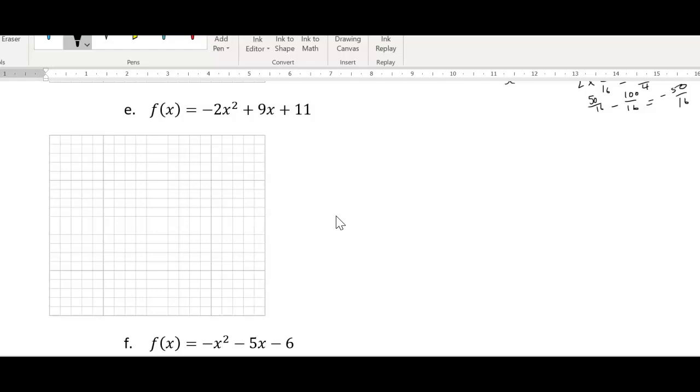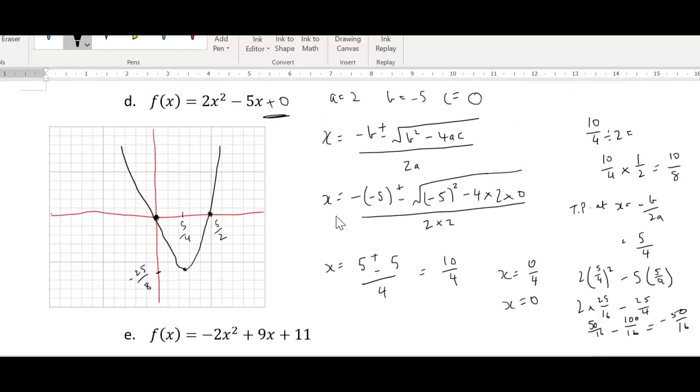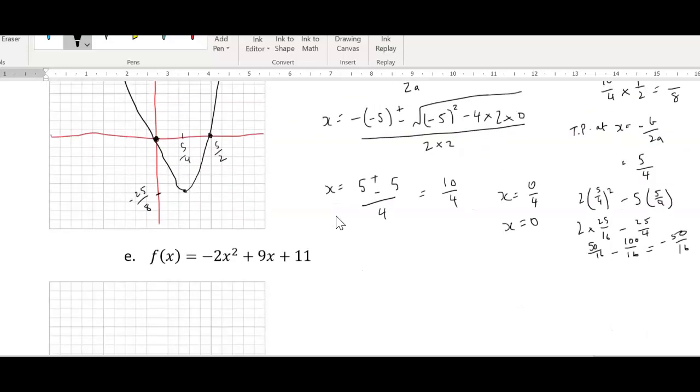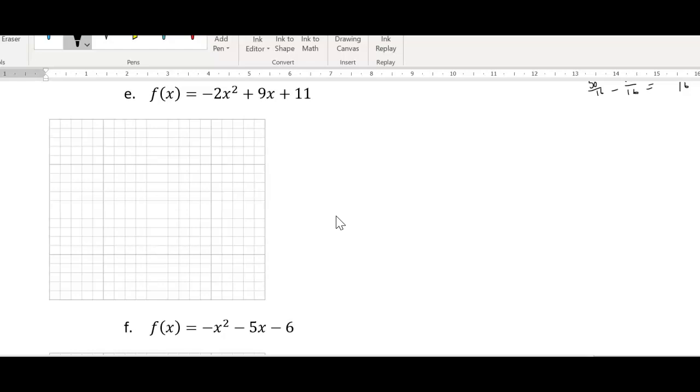All right, with question E, I will leave it up to you whether you want to use the quadratic formula. We used the quadratic formula in the previous question to get your x-intercepts. You can factorize that. You can complete the square. I find completing the square useful when your coefficient of x squared is not a factor of the coefficient of x.